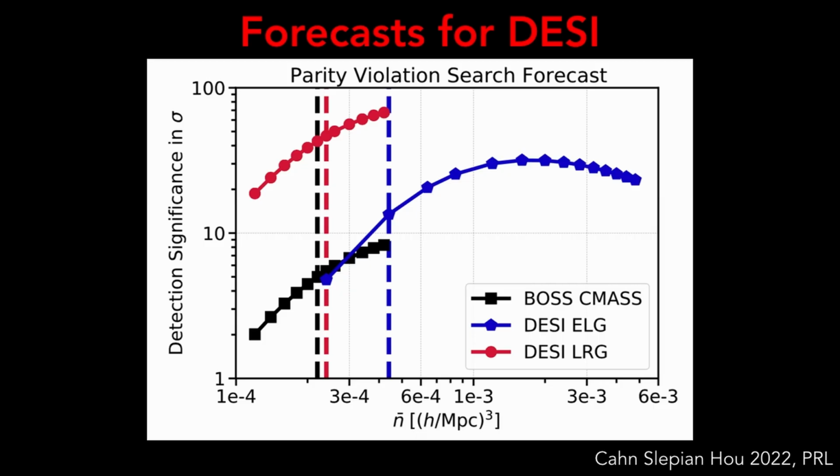You can also see that in the emission line galaxy sample in blue, DESI year 5 will get us a healthy detection if the BOSS signal is indeed real. This forecast was shown in a paper by Bob, Khan, myself, and Jamie in 2022 in PRL. The point is, DESI's data is going to be so ample and so good that to solve this tension, we just have to wait and see what DESI year 5 says.